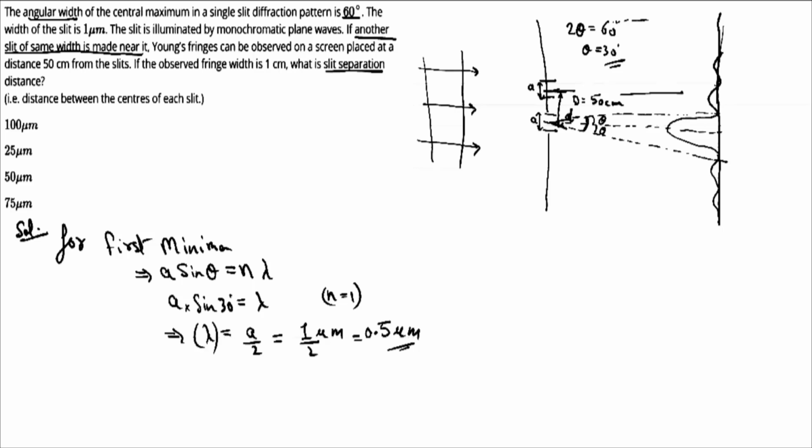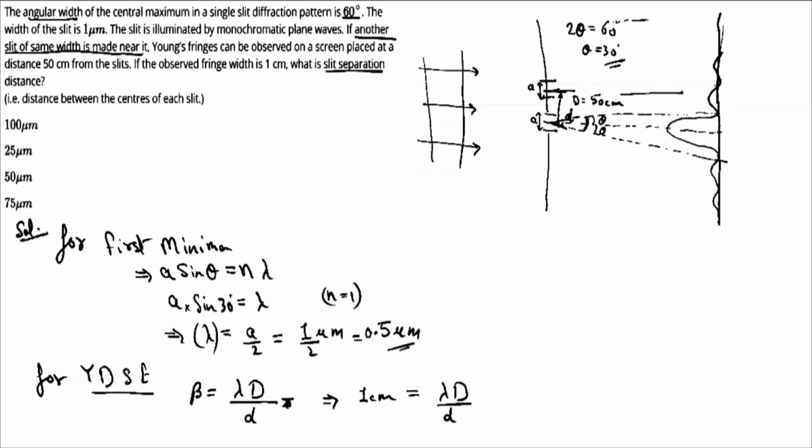Now after this we will use Young's double slit experiment. For Young's double slit experiment we have the relation that beta is equal to wavelength lambda into the distance D between the screen and the slit, divided by the separation d, and this beta is given to us. So 1 centimeter equals lambda D by d.